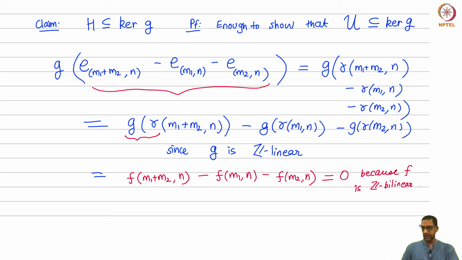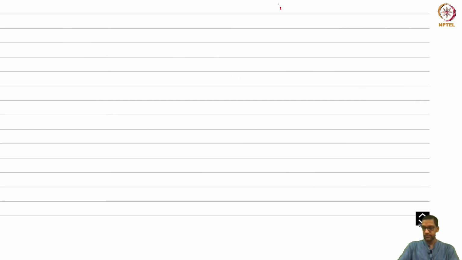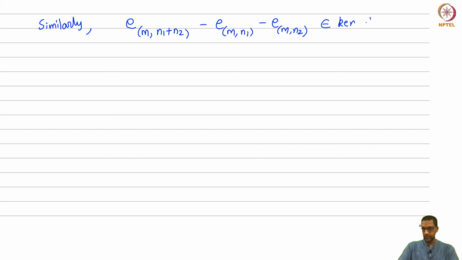Similarly, a similar argument shows that the other generator, E m comma n1 plus n2, is also in the kernel of G. So we have managed to show that all the generators belong to kernel G, and as I said before, if the generators belong, then the subgroup they generate is also a subset of the kernel. And now therefore we are done.